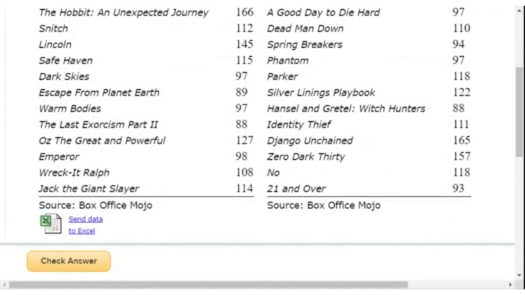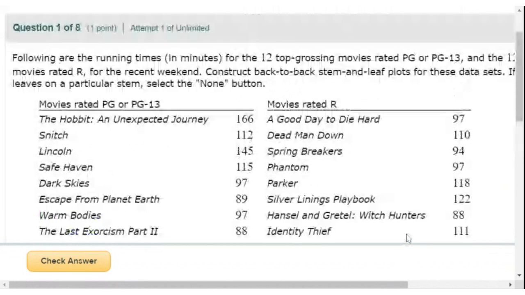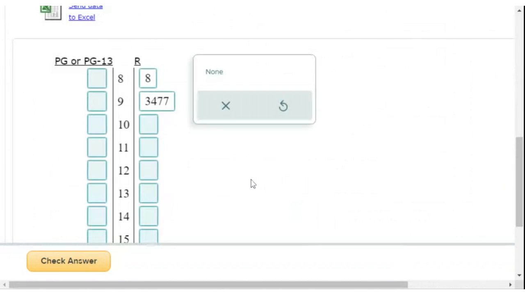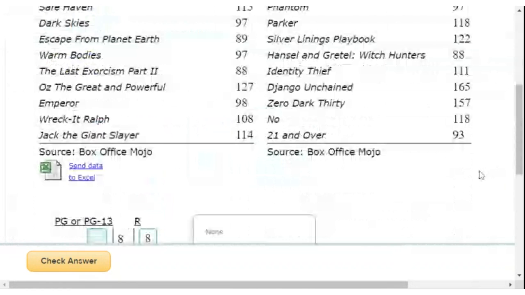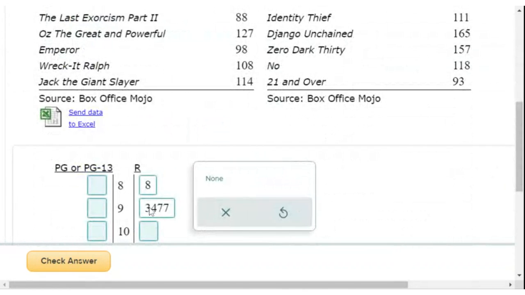All right. Now, what was the next thing they said? All right. So next is 10. So just remember, that means right here, 93, 94, 97, 97.